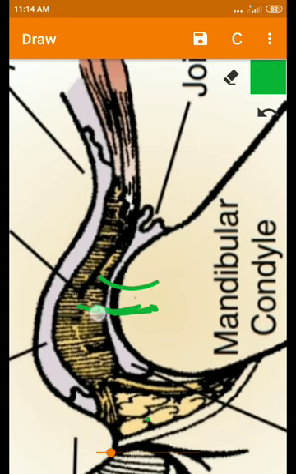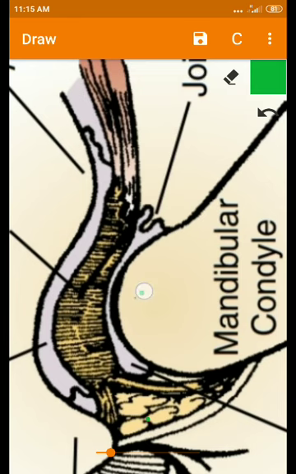So the attachment helps in the rotation of the articular disc on the condyle or rotation of the condyle on the disc. How does it take place?